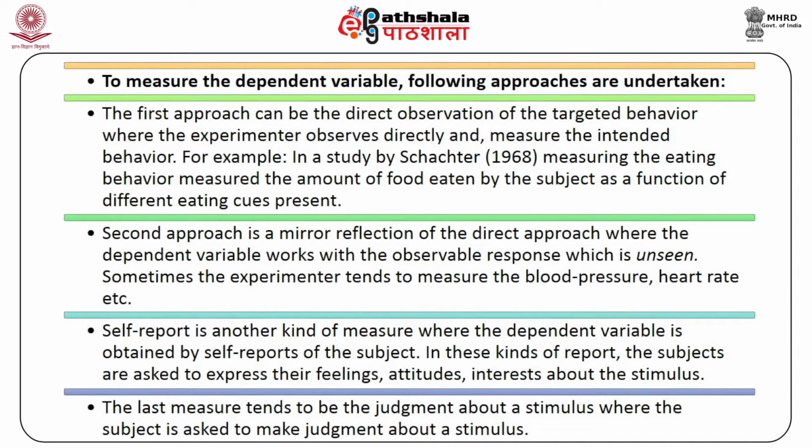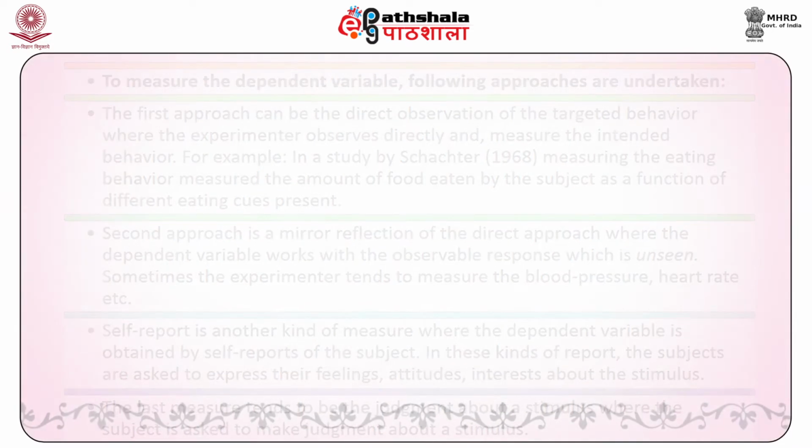In these reports, the subjects are asked to express their feelings, attitudes and interests about the stimulus given to them. The other measure is the judgment about a stimulus, where the subject is asked to make a judgment about the independent variable introduced.